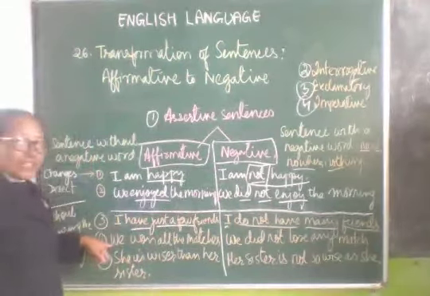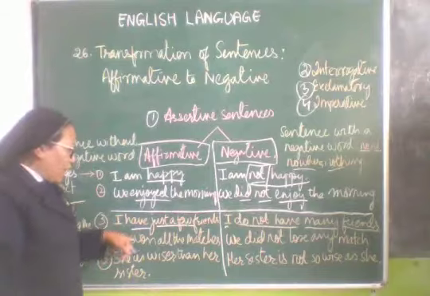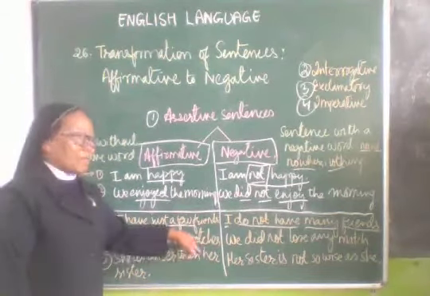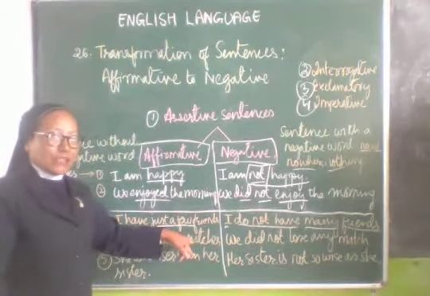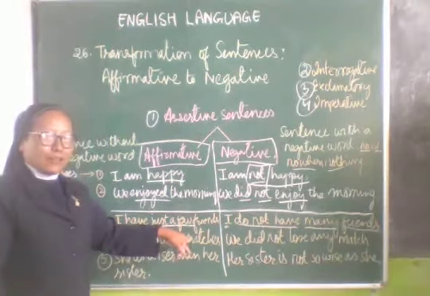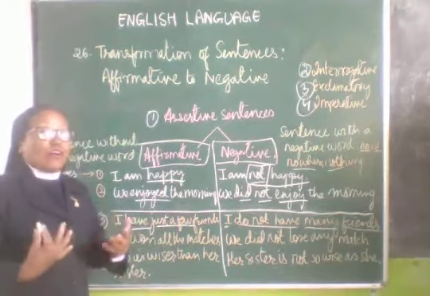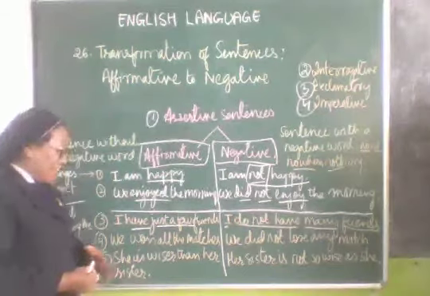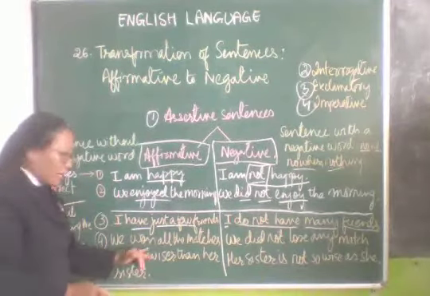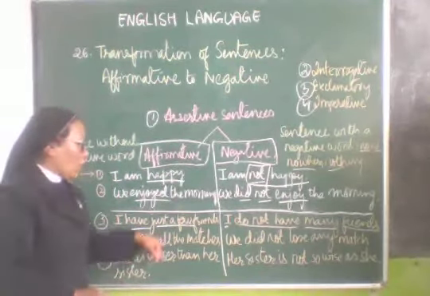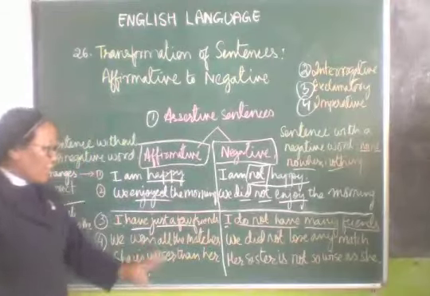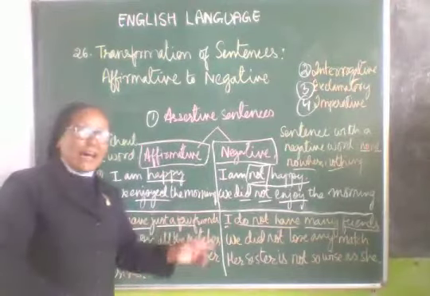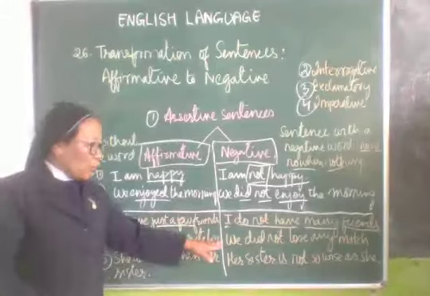Sentence number 4. We won all the matches. You have tournaments in the schools, no? So you might say we have won all the matches. See here it's affirmative, there is no negative word. We won all the matches. Now transforming that into negative.